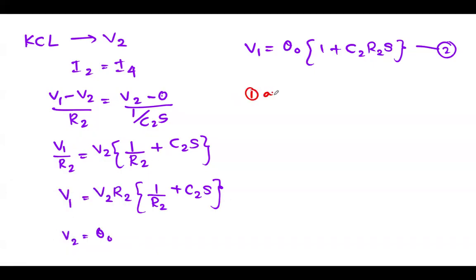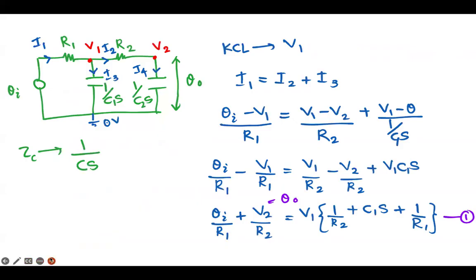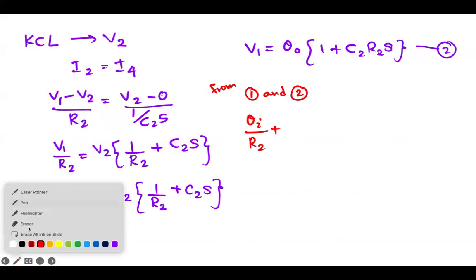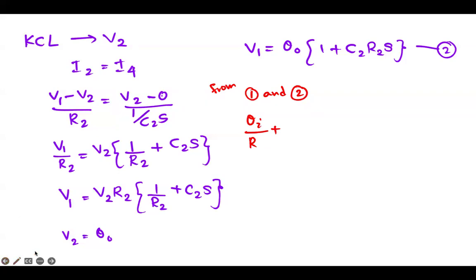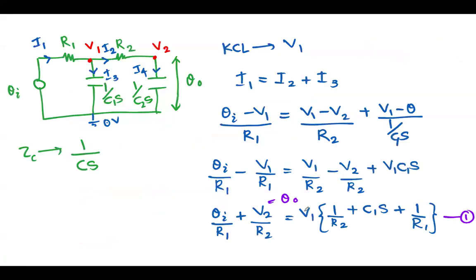From first and second, we can write theta I over R1 plus theta naught over R2 is equal to V1 times this part.